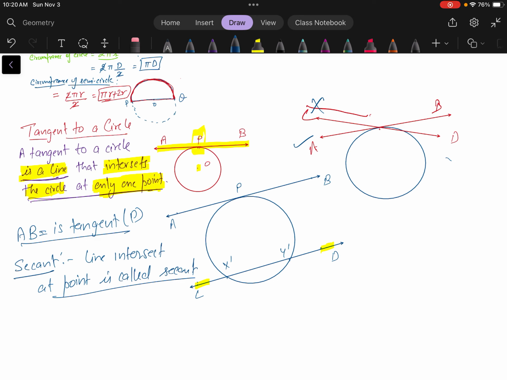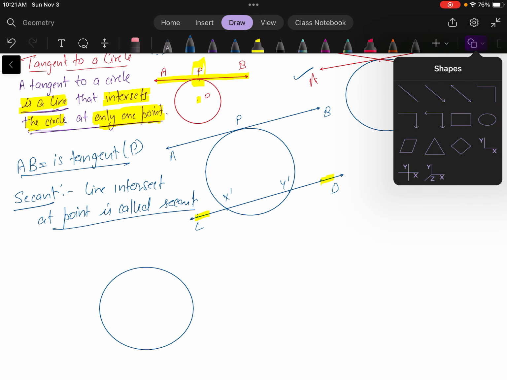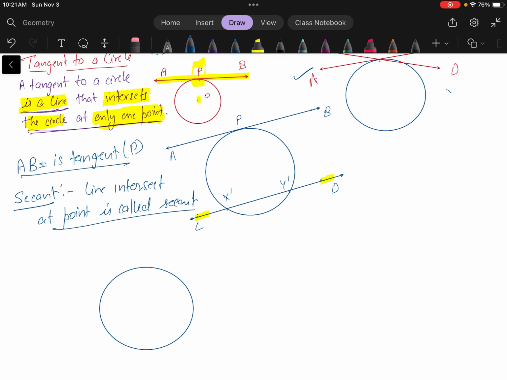And now one more interesting point, let's have a few more properties. Let's take one more circle here, and consider one point inside the circle. Any point you can take.